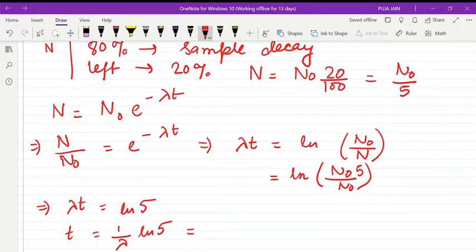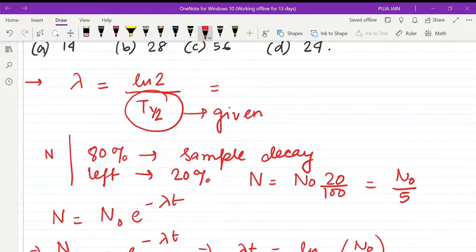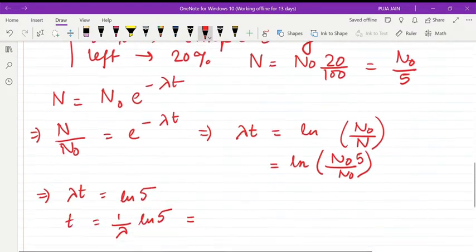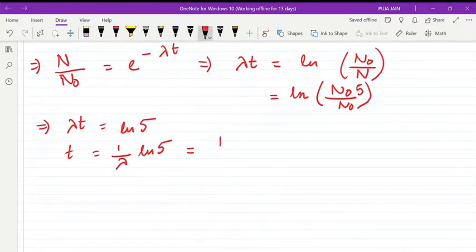So now we will find lambda. Lambda is ln 2 by t half, and t half is given as 12 days. We are getting this in terms of days, and the answer is also asked in days, so we don't need to convert it. So t is 1 by lambda ln 5, and lambda was ln 2 by 12 days.